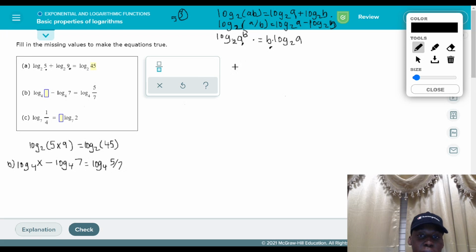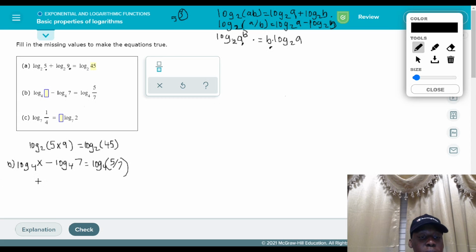This part of the equation is a division, but this part has to do with a subtraction. That's the same thing here: we're subtracting and then we're dividing here. So we know which part we're working with.